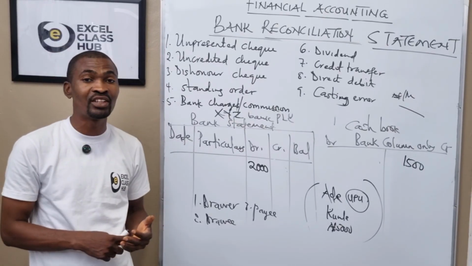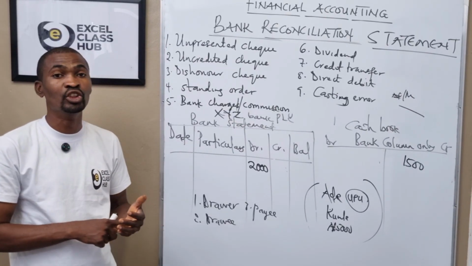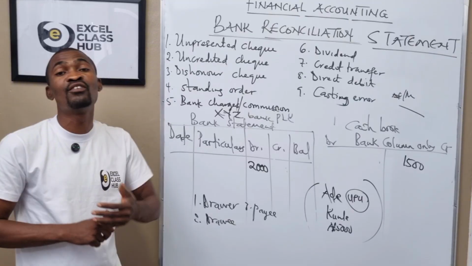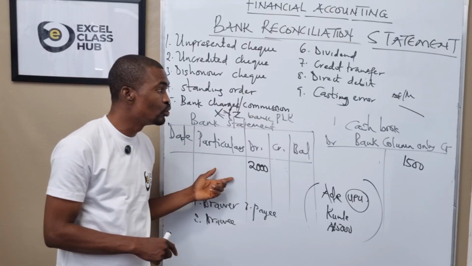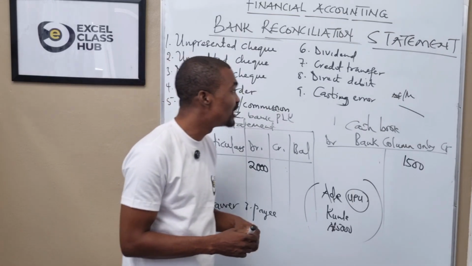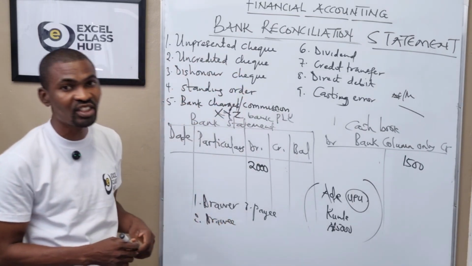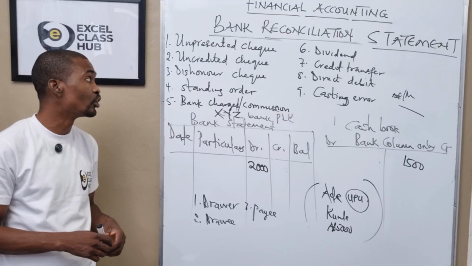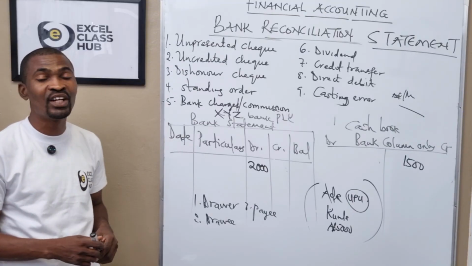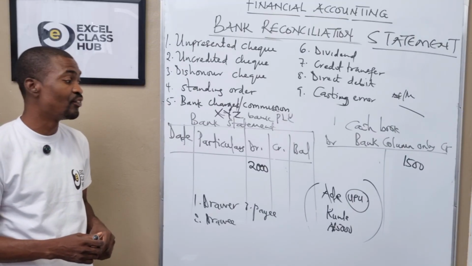You have a lot of reasons why a bank may dishonor a check. For instance, irregular signature, when the signature you use to open the account is different from the one on the check. Then number 2 is if the check is fake, because the first thing they will do is to identify if the check is original or not. And also, when there's a difference between the amount in words and in figure.